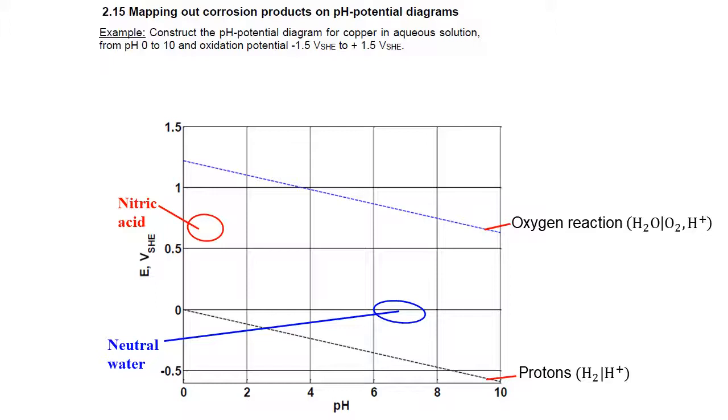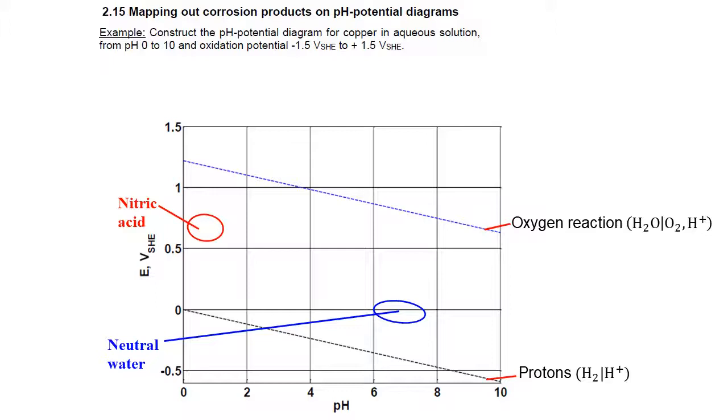So in water, you expect to find environments which will have a measured oxidizing potential somewhere between those two lines. It will definitely be at least as oxidizing as the protons, which are always present, and it could be as oxidizing as anything up to the dashed blue line, corresponding to a lot of dissolved oxygen.